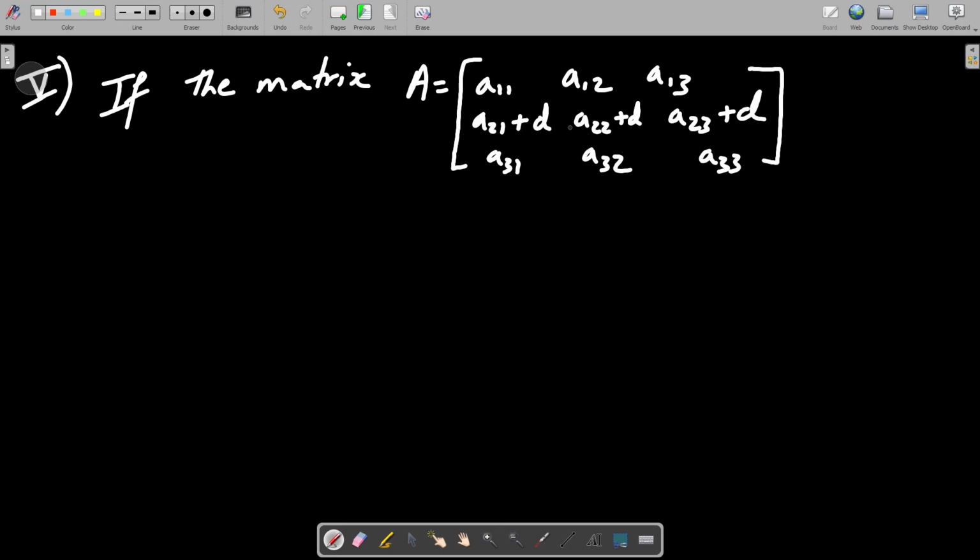Means there is a common term which is added to all three elements over here.